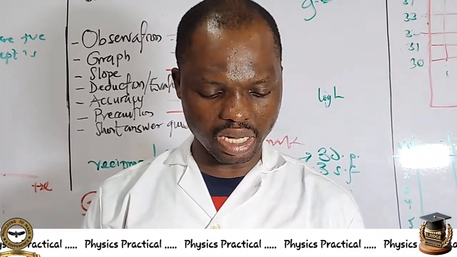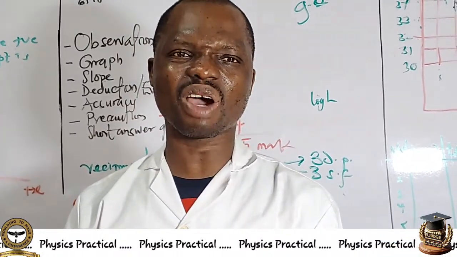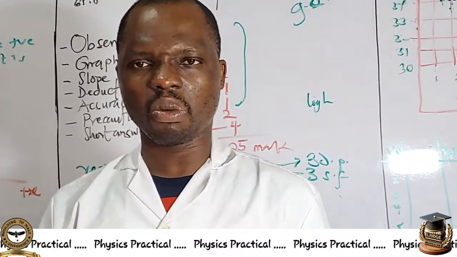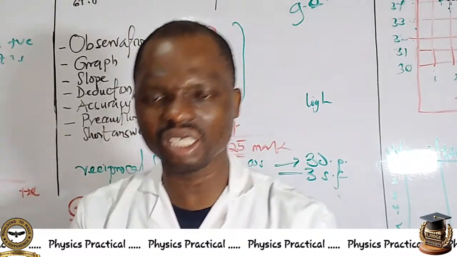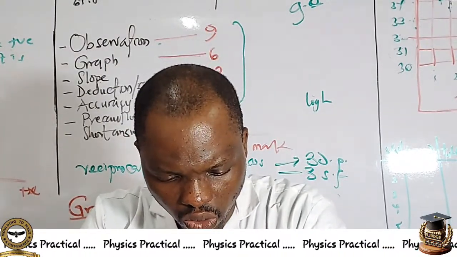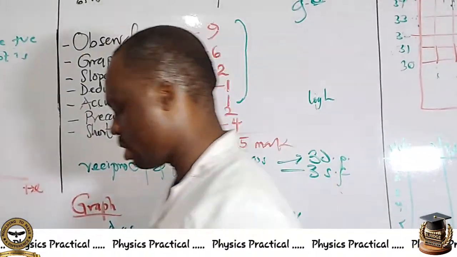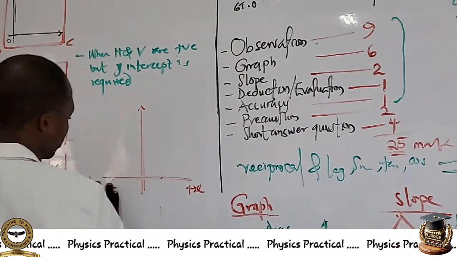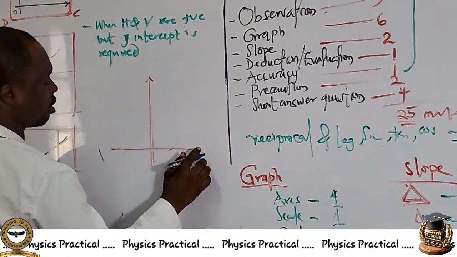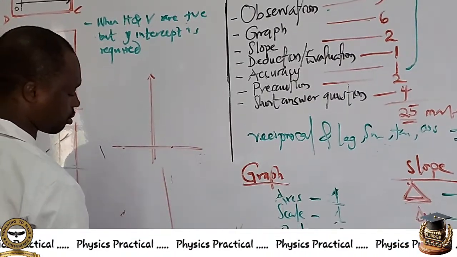So when you are labeling, we don't really require you to write the title of the graph. What we need in your graph is the labeling of your axis, and it must be close to the arrow. Let me draw now.